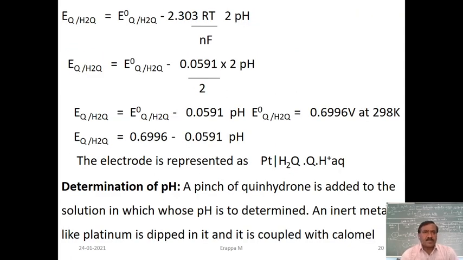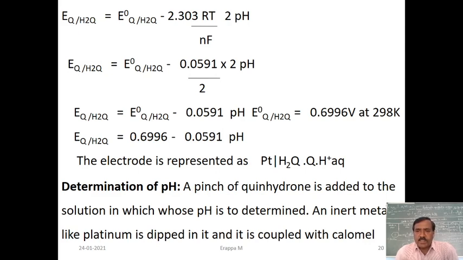So E of quinhydrone is equal to E naught minus 2.303 RT by nF times 2 pH, that is E naught minus 0.0591 into 2 pH divided by 2. So E of quinhydrone is equal to E naught for quinhydrone minus 0.0591 pH.